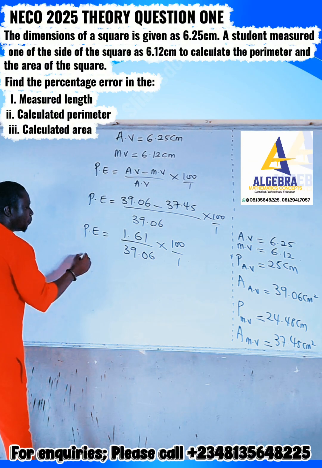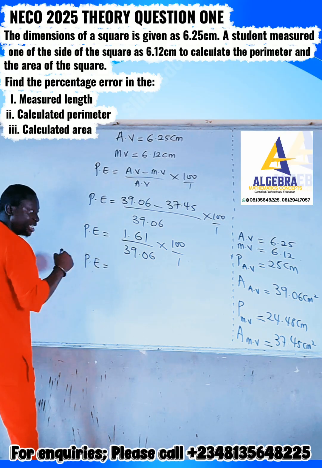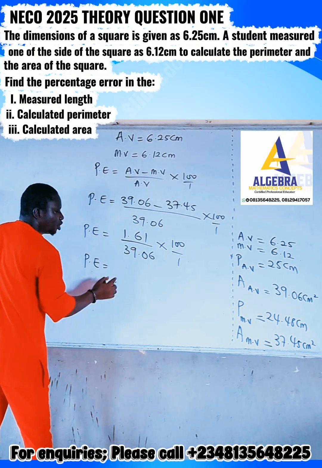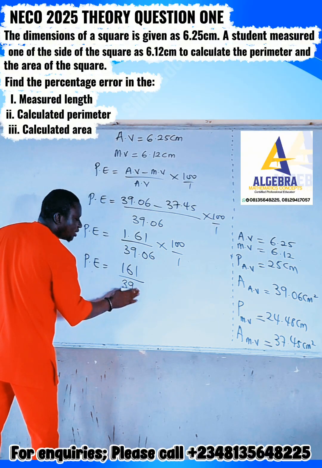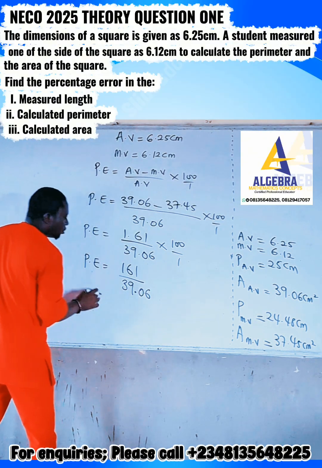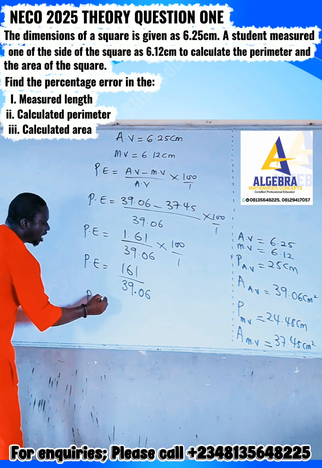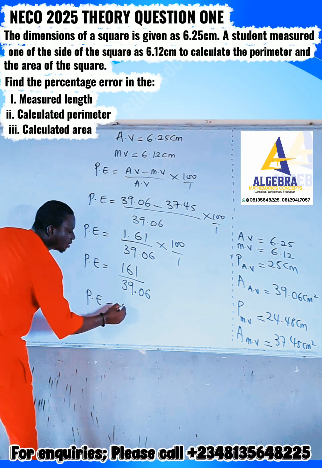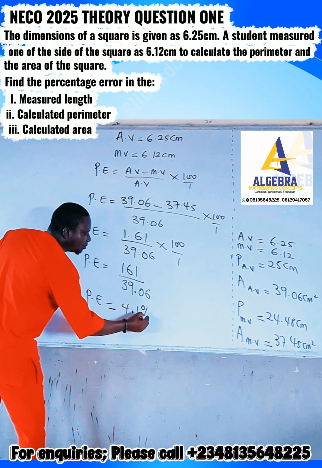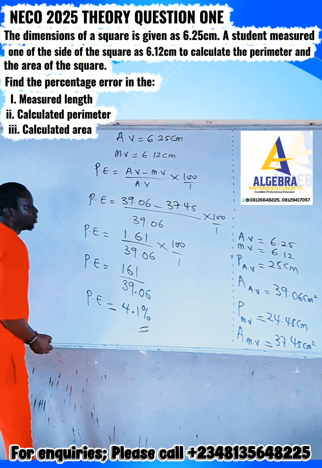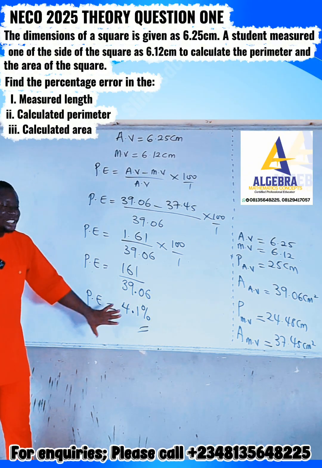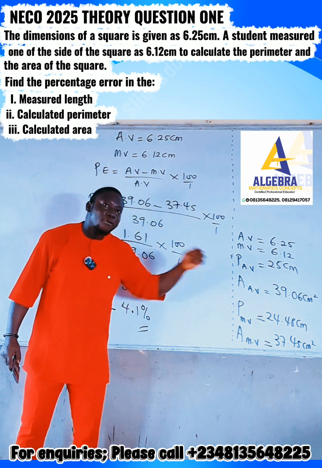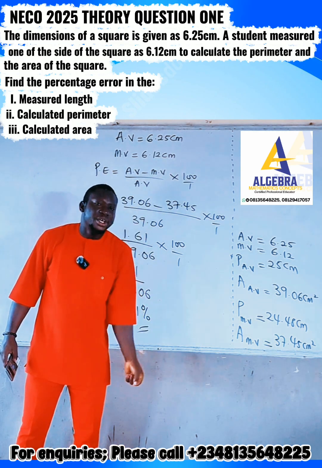Multiply this, and this will give me 161 divided by 39.06. So I have percentage error equals 4.1%. So this is the percentage error for the calculated area.